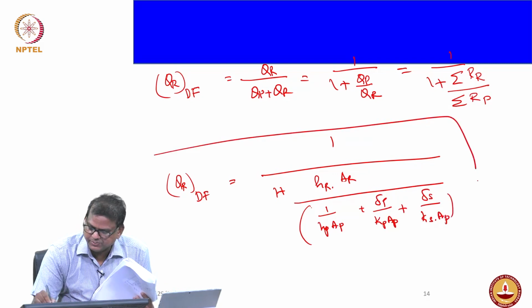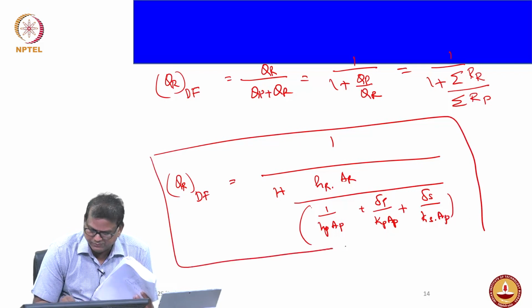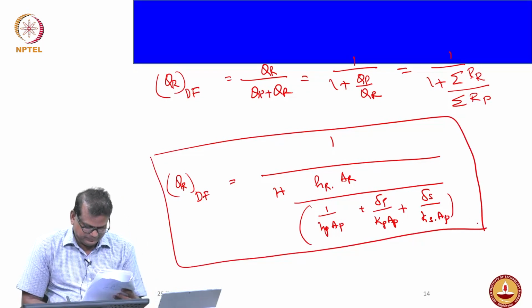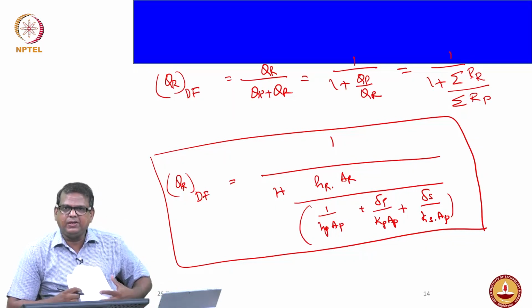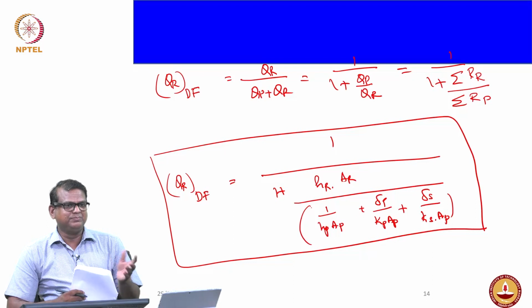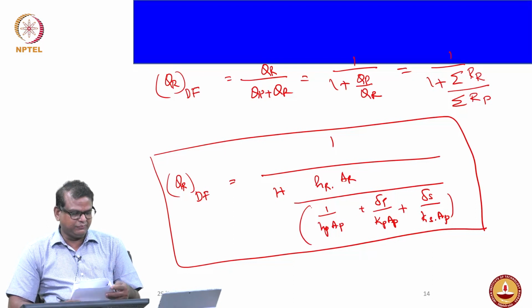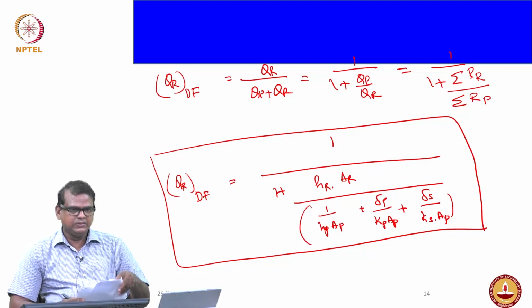So this is what you are expecting, the heat distribution factor for the rotor, right. In a similar way you can identify the heat distribution factor for the pad also, right.